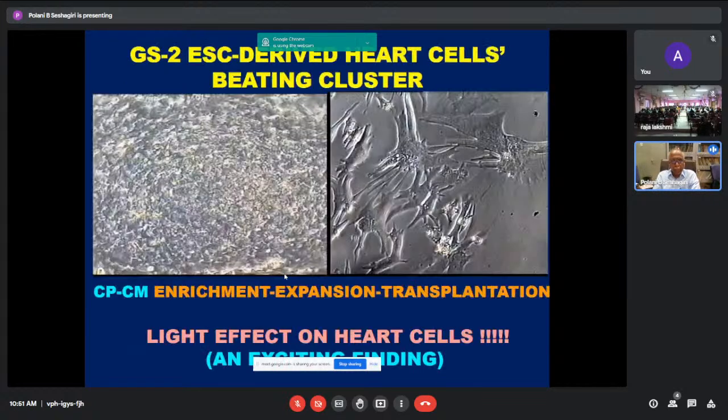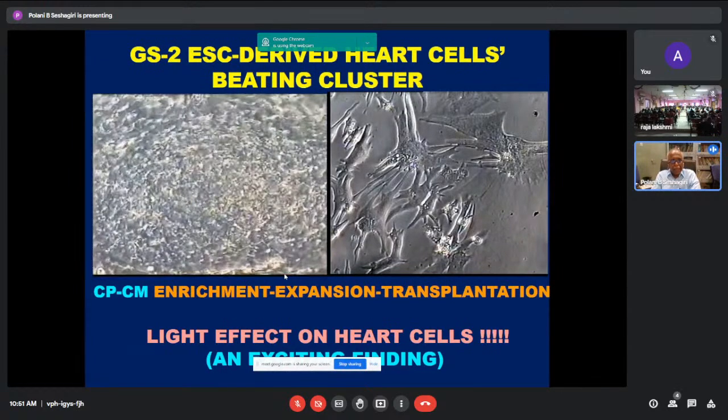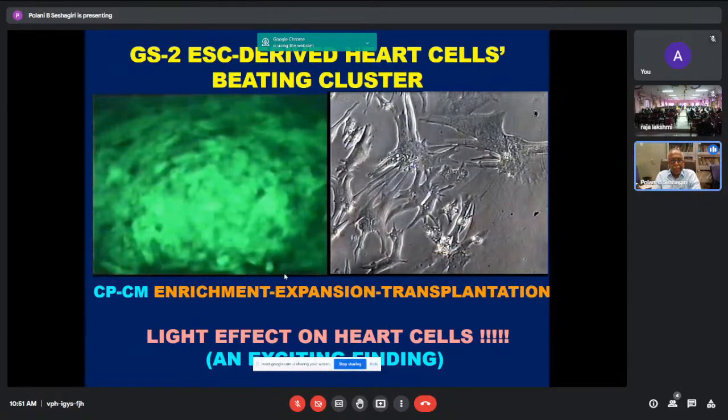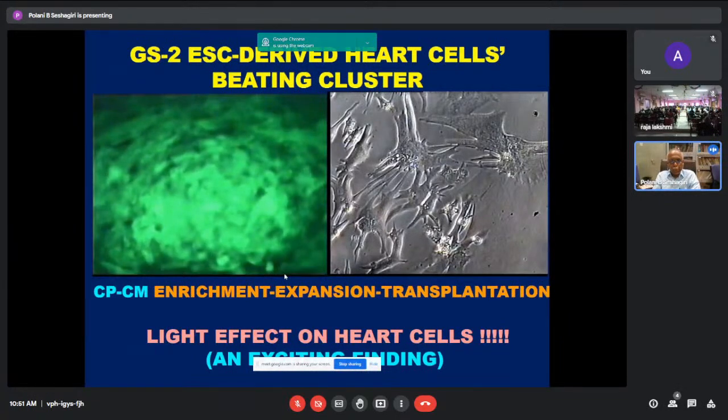And yesterday I showed this slide, and the basic academic research. One of my students, when he was trying to look at the fluorescence of these cells, used obviously monochromatic light. And he realized that if he continuously looks at the monochromatic light to look at the fluorescence, the heart cells, the cardiomyocytes, cease to beat.